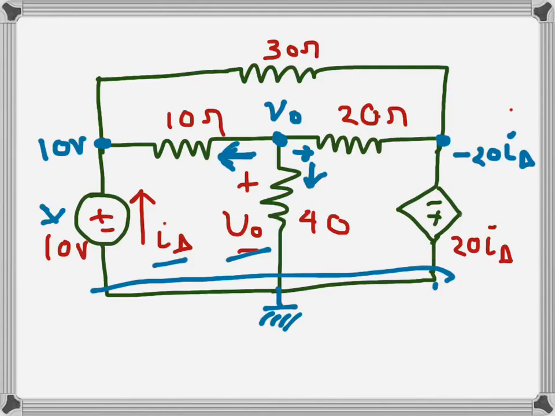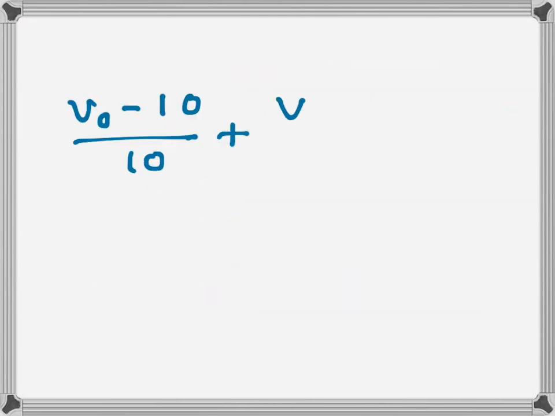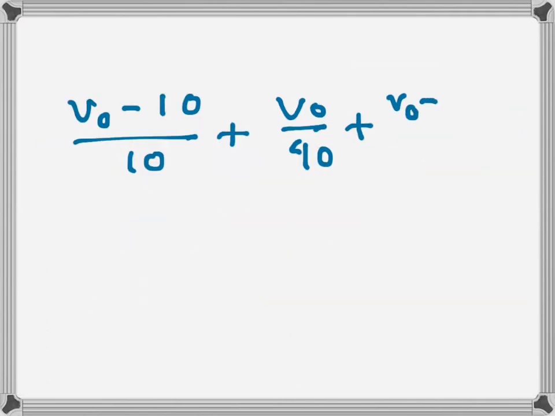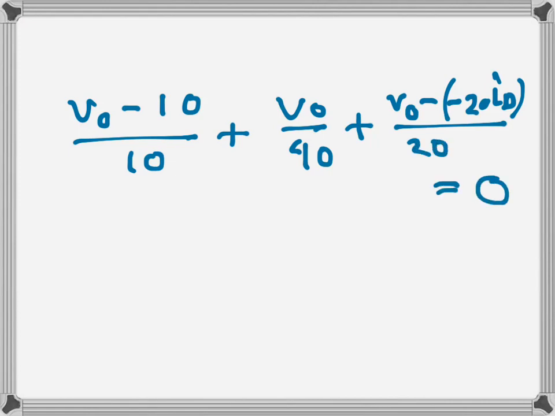Then the current going downwards will be V naught over 40, and then we have V naught minus 20 I delta over 20.